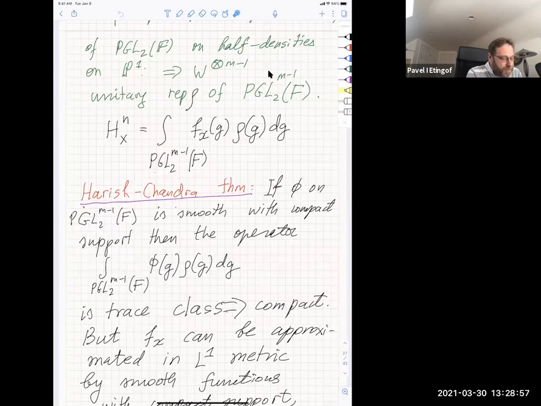In fact, there is a very simple formula for the trace of this operator, which is basically the theorem of existence of the character of this representation.